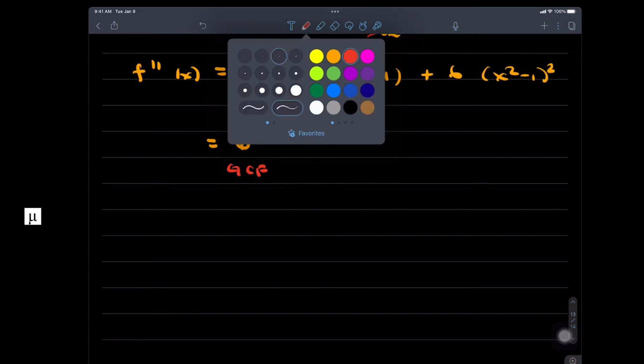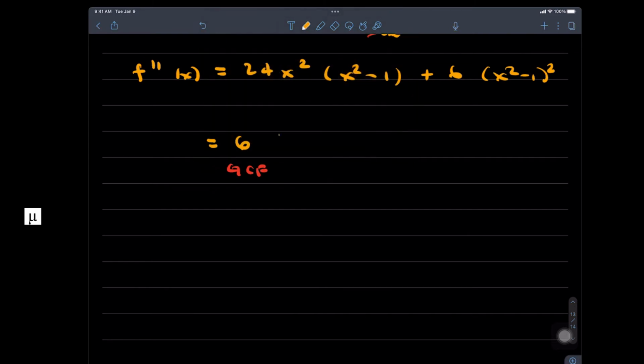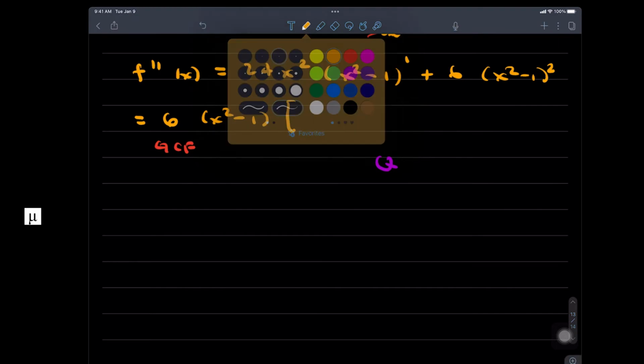Now, it doesn't have an x term, but it does have x squared minus 1. You always take the smallest power. And now we need a quotient over here. So what's the quotient? Do your division.